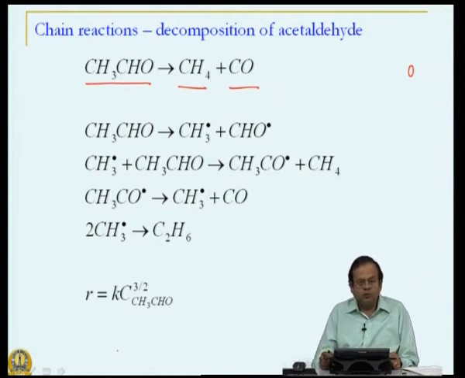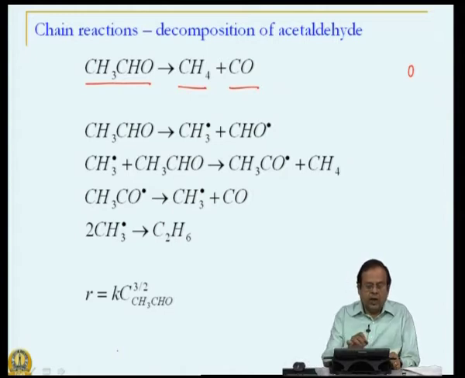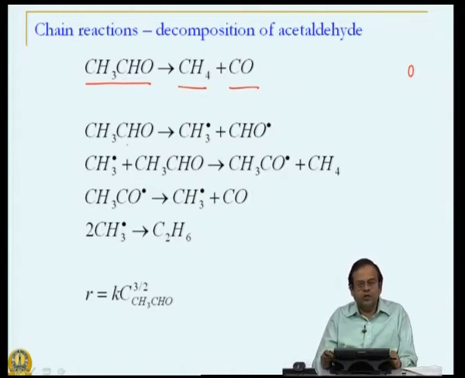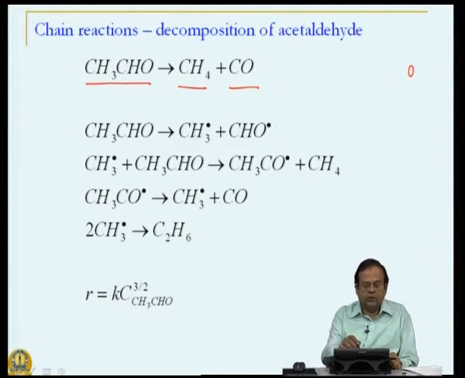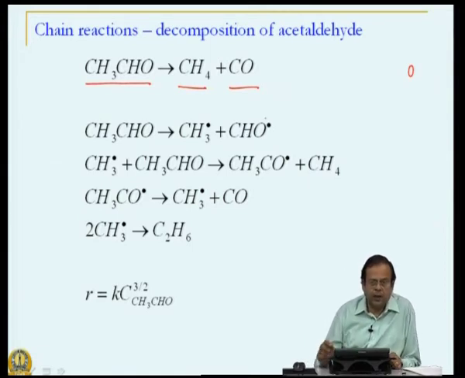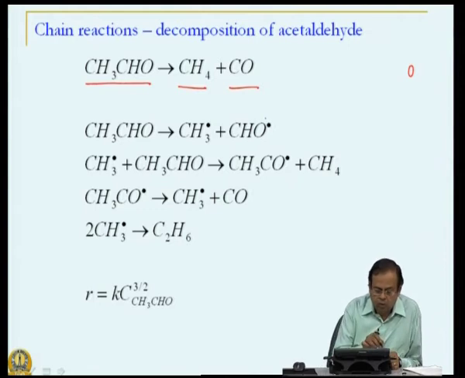In the first step, that is the beginning of the reaction, acetaldehyde breaks down to give free radicals, actually. It gives a methyl radical and an acetyl radical, CH3 and CHO. So, that is the first step. I will go through this sequence and then see the proper terminology for this. So, we call the first reaction the initiation reaction.